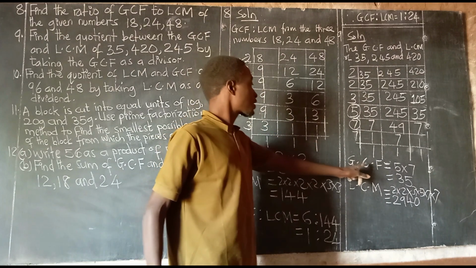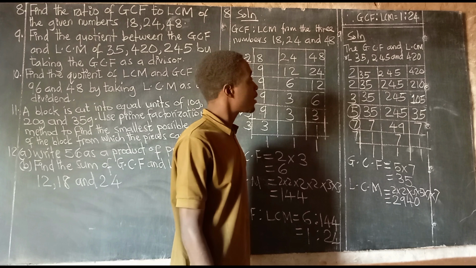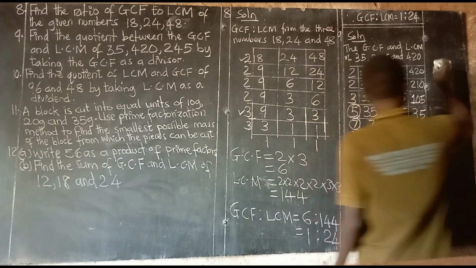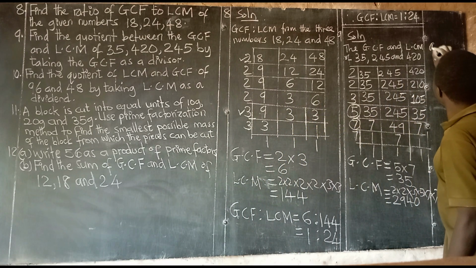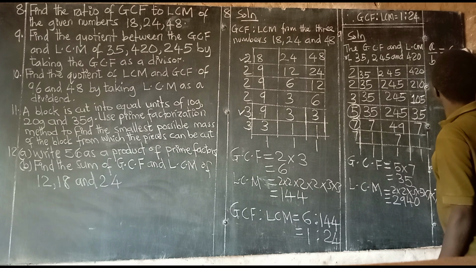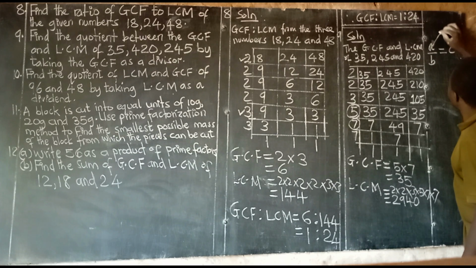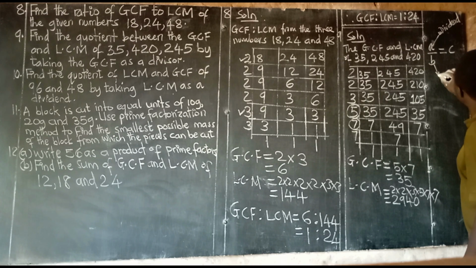When you are asked to find the quotient, it means that when you take A over B is equal to C, the number which is divided is known as a dividend, and the number which divides, the numerator is a dividend and the denominator is a divisor.